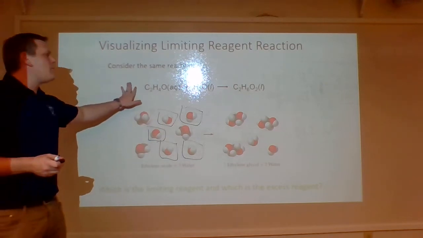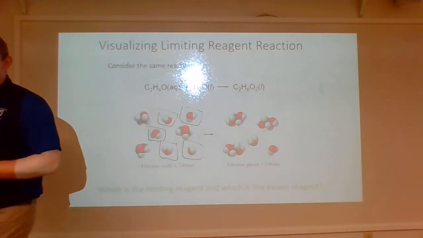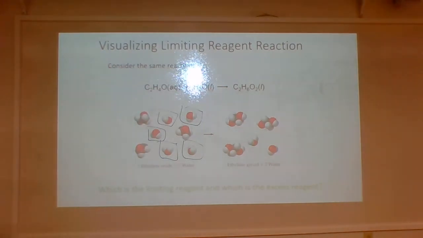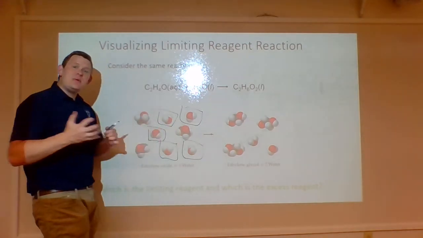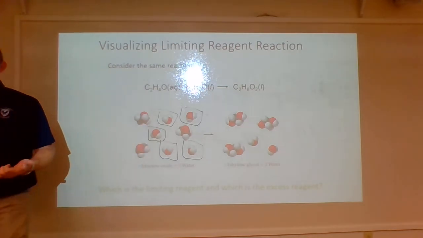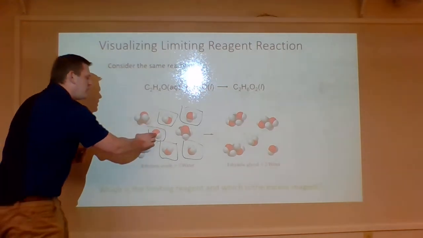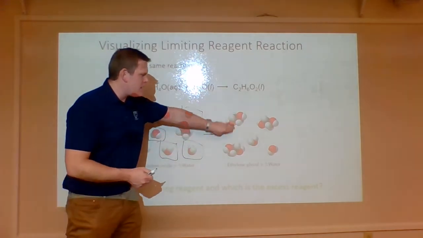Based on our chemical equation here, it says we have a 1:1:1 ratio, which means that this reaction can only occur to the extent of the limiting reagent. So since there are only 3 of these ethylene oxides, only 3 of these waters can react with them to produce our product here.